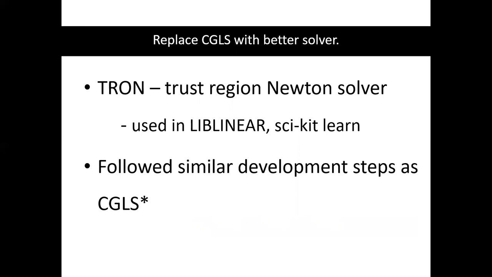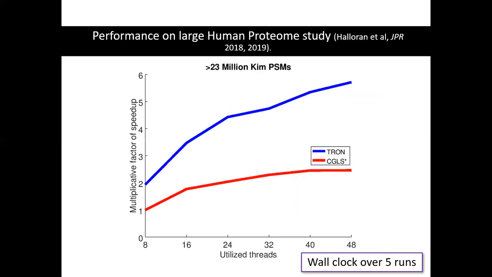So we streamlined the code. We mapped a lot of functions to low-level linear algebra functions, and then we massively parallelized the code for multi-threading. So let's look at how these two highly optimized solvers actually perform for a large-scale data set.